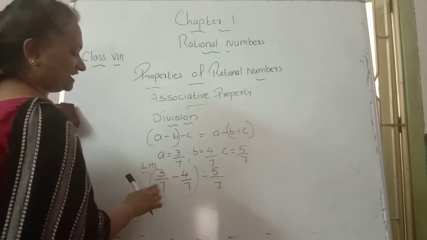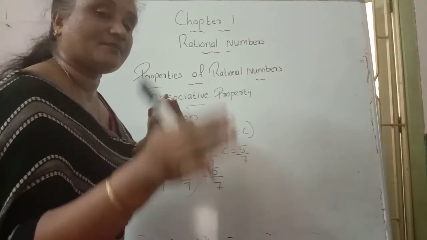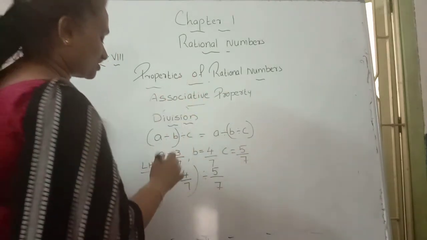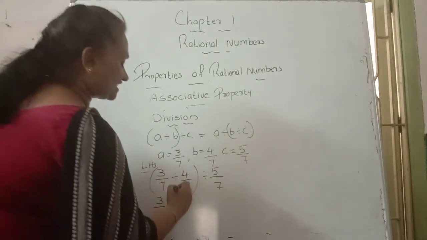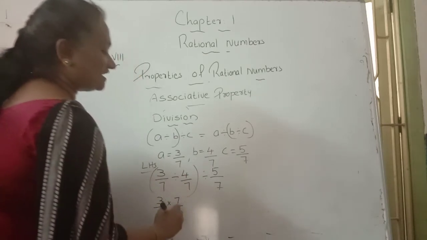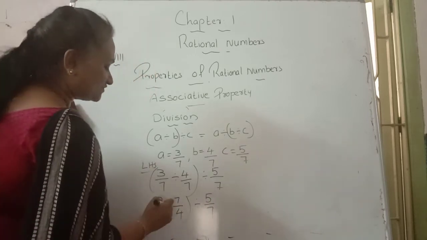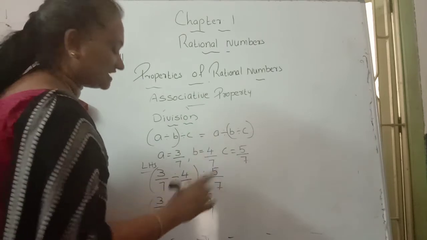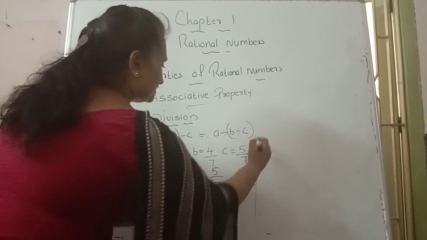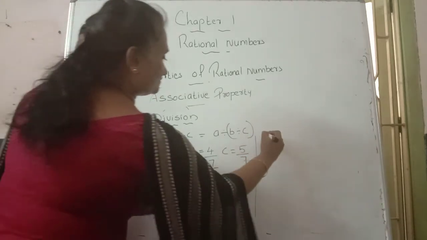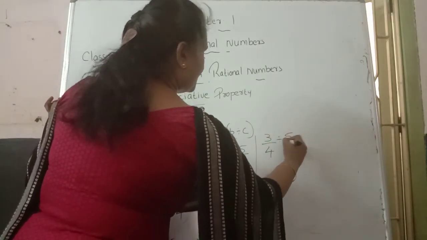Here, the division rule says that when dividing, take the reciprocal of the second number and multiply. So we take 3 by 7 into the reciprocal of 4 by 7, which is 7 by 4. Outside the bracket, divided by 5 by 7. 7 and 7 cancel, the same number, giving 1. Then 3 into 1 becomes 3, and 1 into 4 becomes 4, so 3 by 4 divided by 5 by 7.